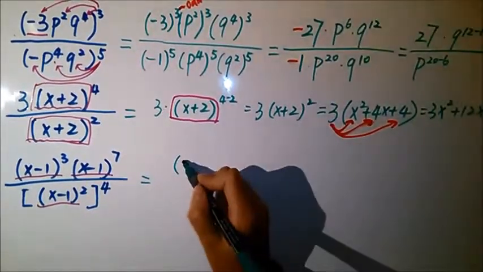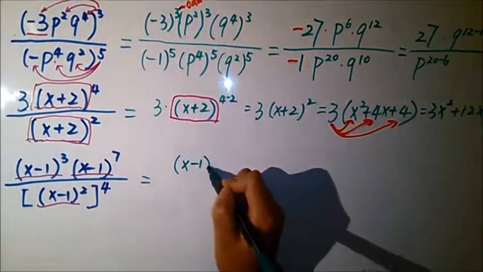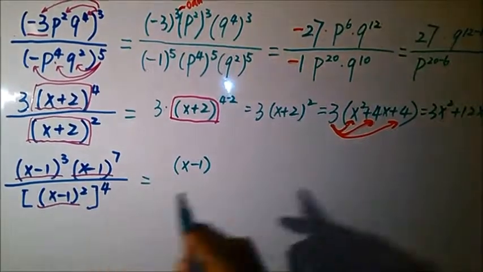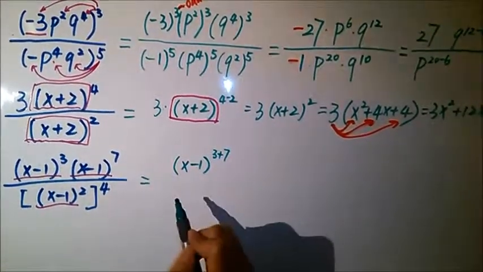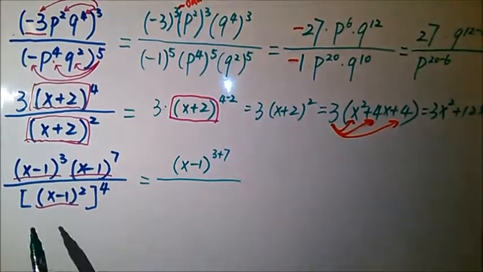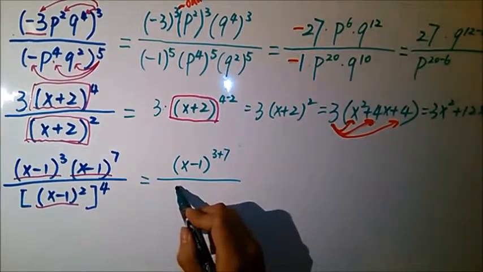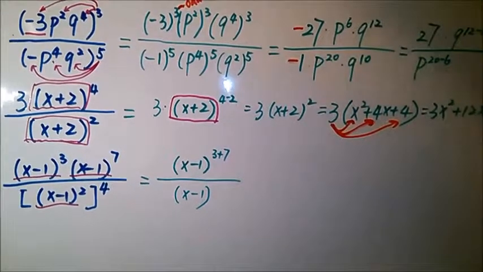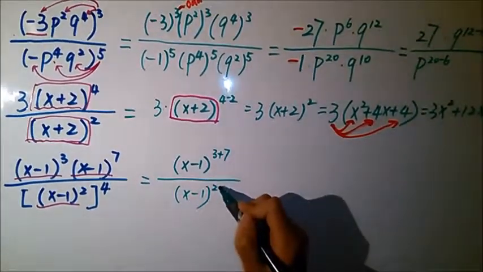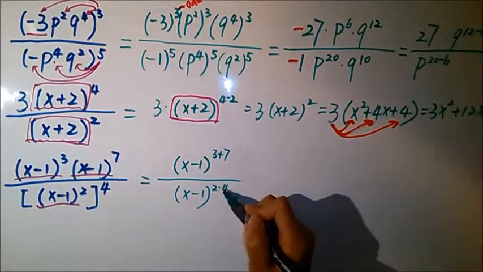So x minus 1 to the power of 3 plus 7 would be in the numerator. And when it goes to the bottom, here we can use the power rule. X minus 1 is an organism. So x minus 1 squared, use the power rule. So it will be 2 times 4.